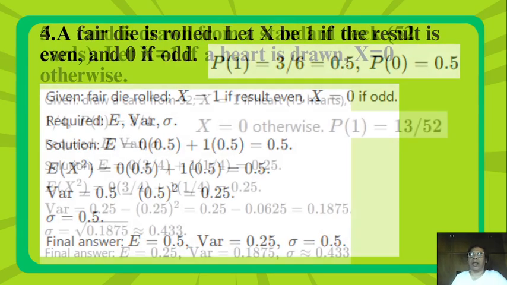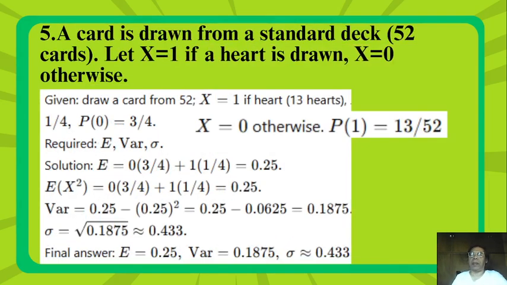Okay, let's proceed to practice problem number 5. A card is drawn from a standard deck, 52 cards. Let x be equal to 1 if a heart is drawn and x is equal to 0 otherwise.